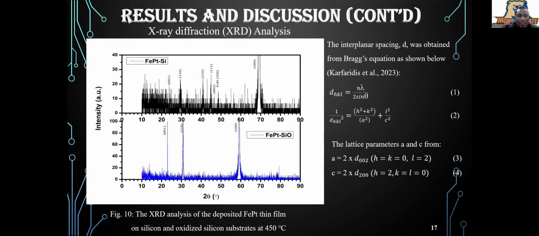However, on silicon substrate, we observe more peaks, although there is a lot of noise in the crystallography. So the increase in number of peaks at this region shows likelihood of magnetic interaction, or granular interaction between the film and the substrate.